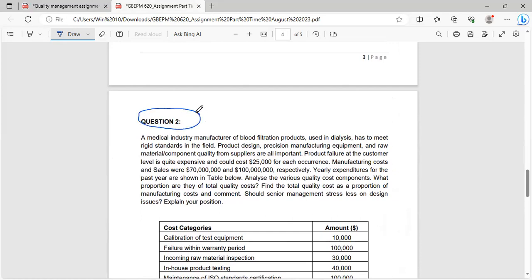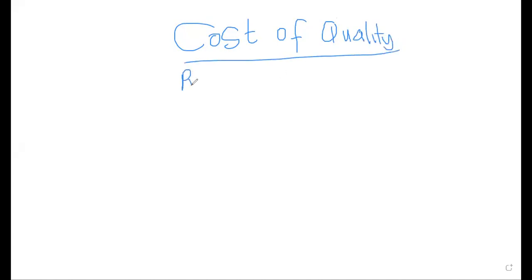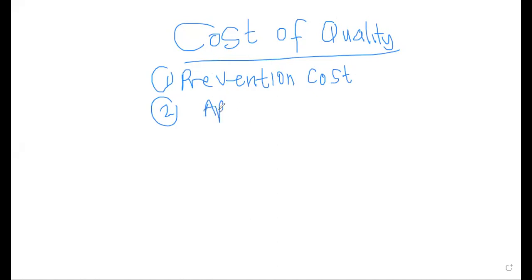The quality control, we have the cost of quality control. So there are 4 costs of quality control. Cost of quality. So there are only 4. Number 1, we have prevention cost. Then number 2, we have the appraisal.